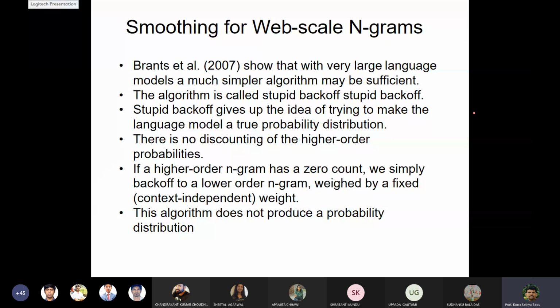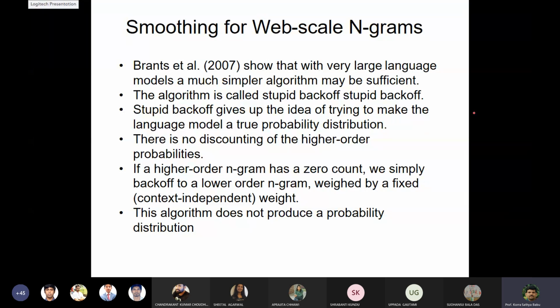This simple algorithm is sometimes called stupid backoff. Stupid backoff gives up on making the language model a true probability distribution, and there is no discounting of the higher order probabilities. If a higher order n-gram has zero counts, we simply back off to a lower order n-gram weighted by a fixed, context independent weight.